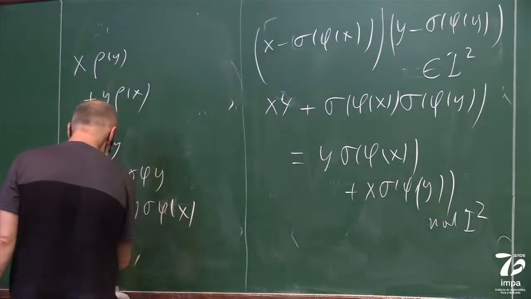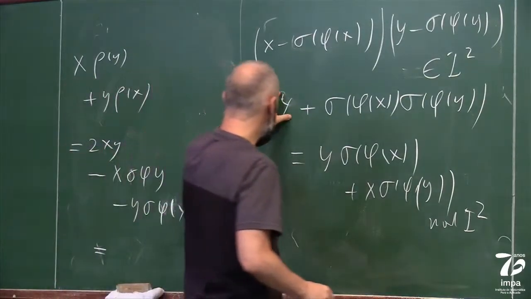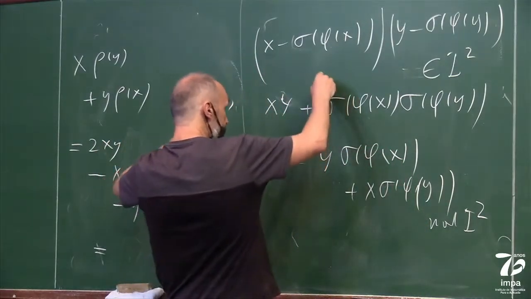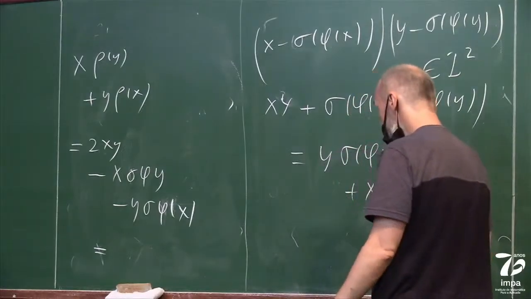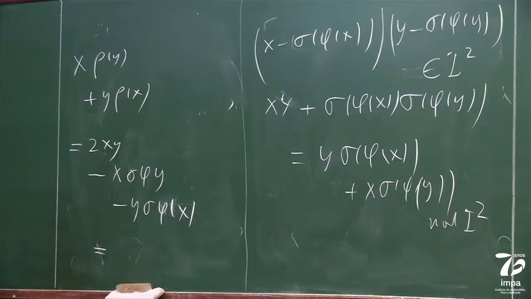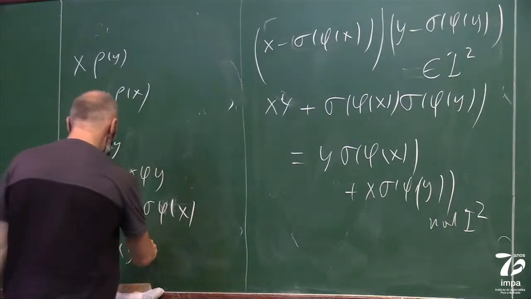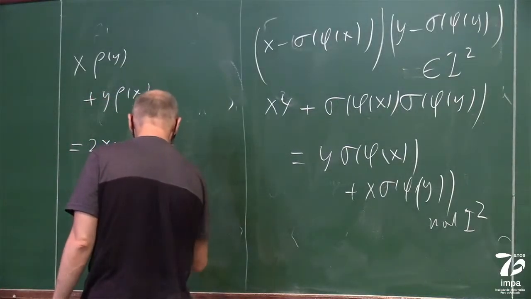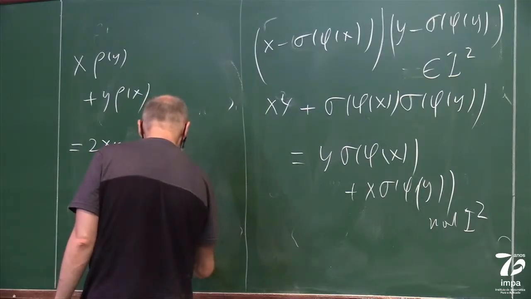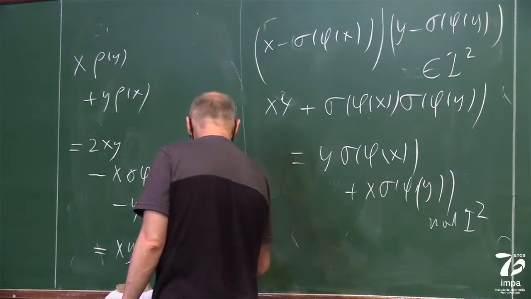After you write it, you just have to put xy and plug, instead of one of these xy, the rest of these terms here, and it will give you, in the end, xy minus σ of φ of x times σ of φ of y.